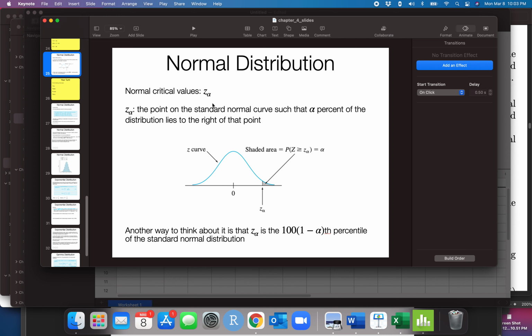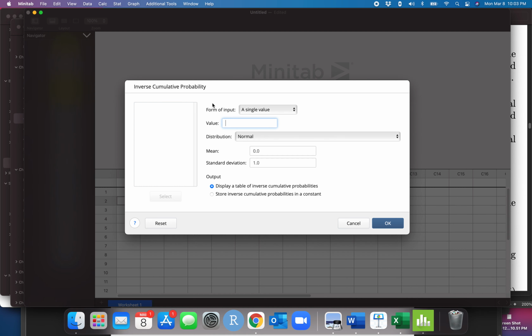That means I want to find the point on the standard normal curve, the z curve, such that 30% of the distribution lies to the right of this point. If 30% lies to the right, then 70% lies to the left. So if we go back to Minitab, the value that we're going to put in is that area to the left, which is 0.70.